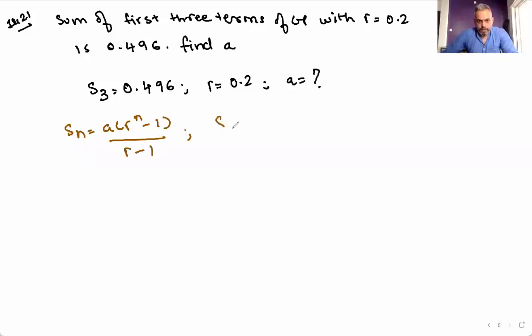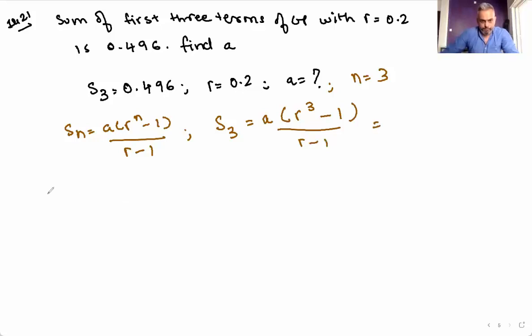Now, S3, it means n is equal to 3, is equal to A into R raised to 3 minus 1 upon R minus 1, which is equal to A into 0.2 raised to 3 minus 1 upon 0.2 minus 1 is equal to 0.496.